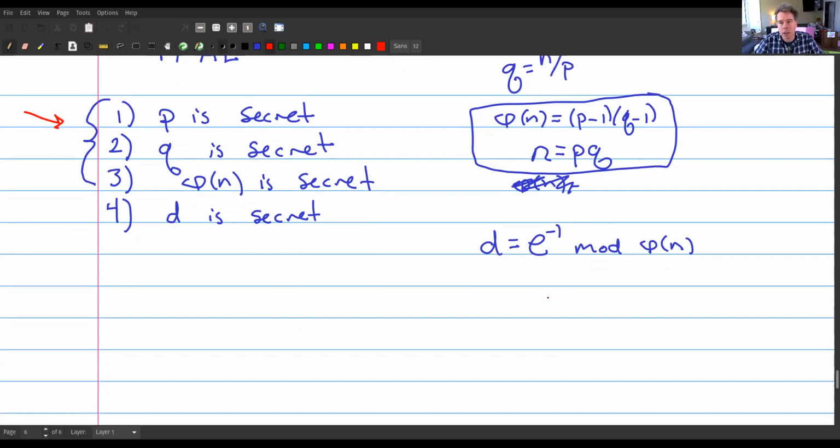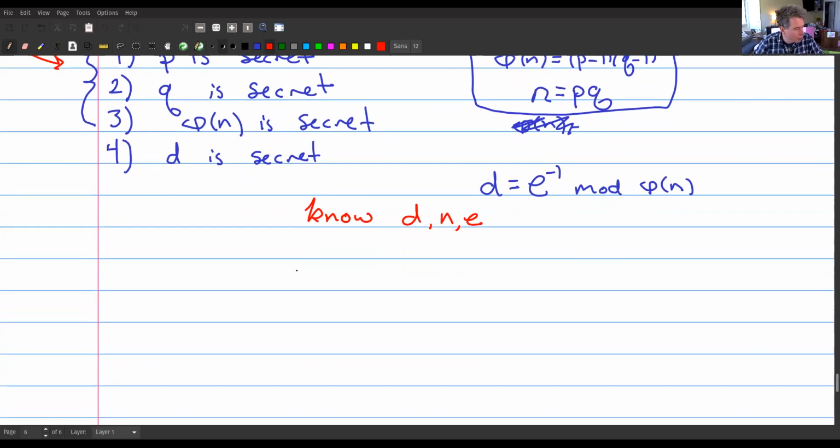Yeah, exactly. But now suppose you know d and n and e. How do you figure out one of those first three things? The secret is to write down this equation. We know that d times e is equivalent to 1 mod phi of n. And so that means that d times e is actually literally equal to some number k times phi of n plus 1.